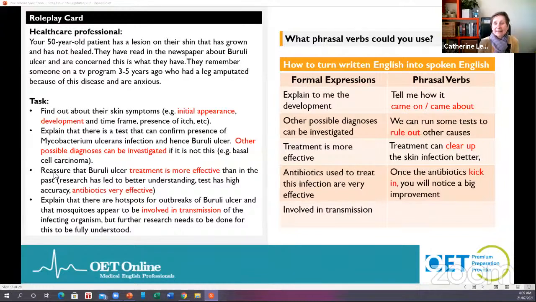When you're explaining to the patient that outbreaks tend to involve mosquitoes in the transmission of Buruli ulcer infections. Pass on. So to transmit or pass on. Spread, we could use as well. So that's the nice everyday way to say it.